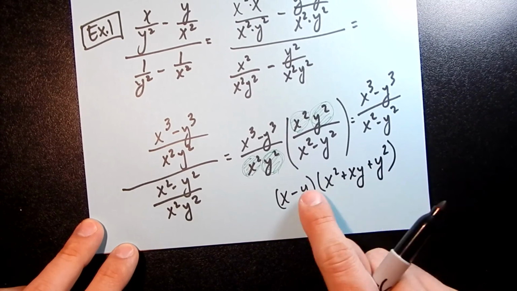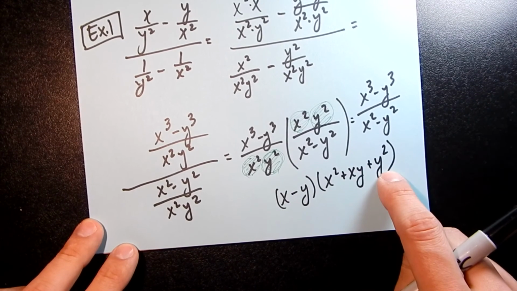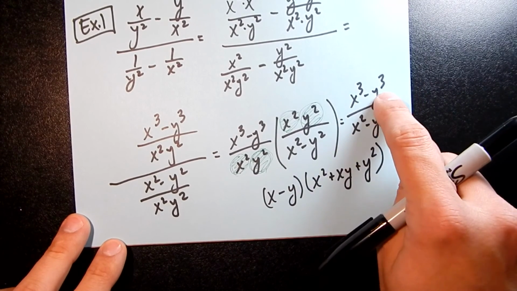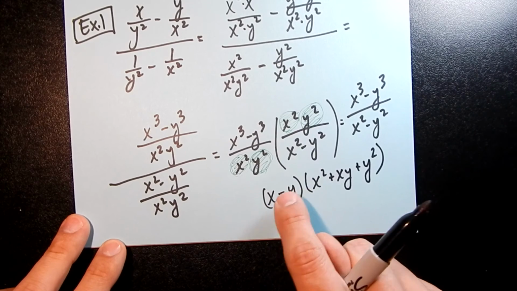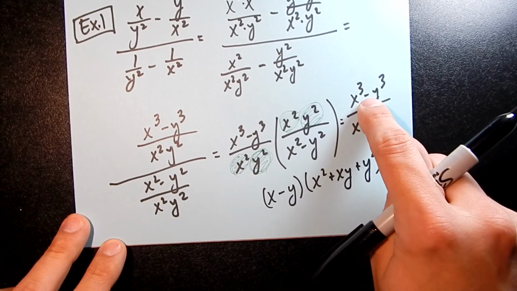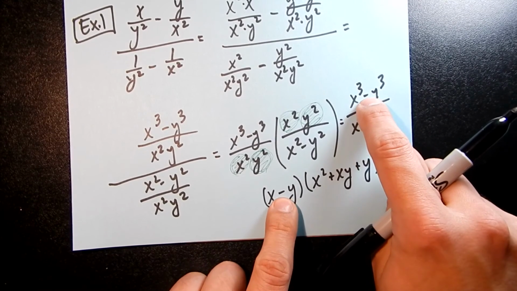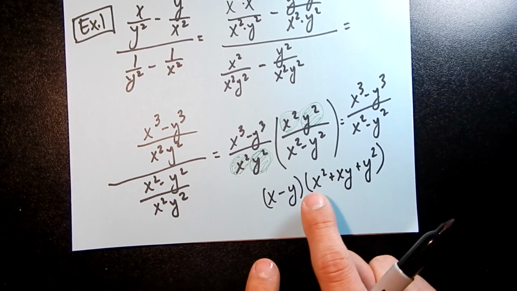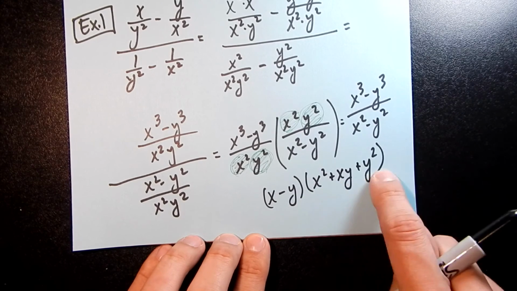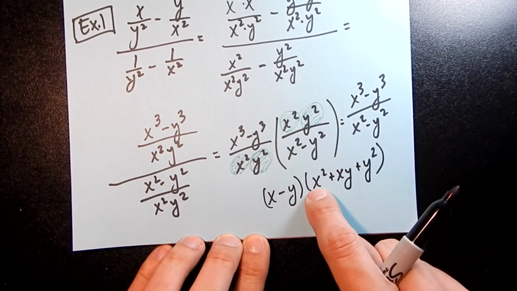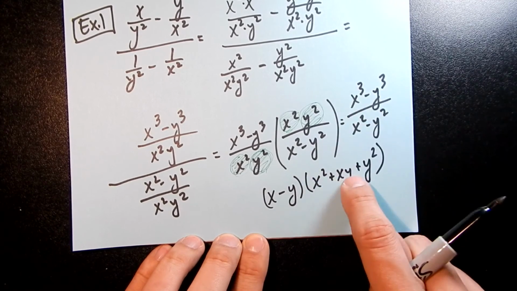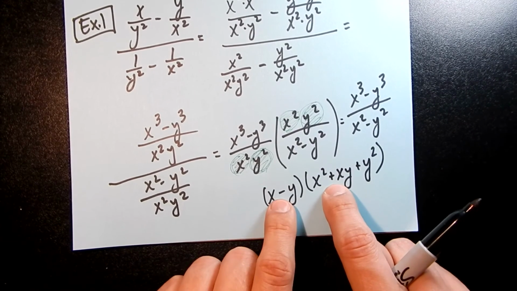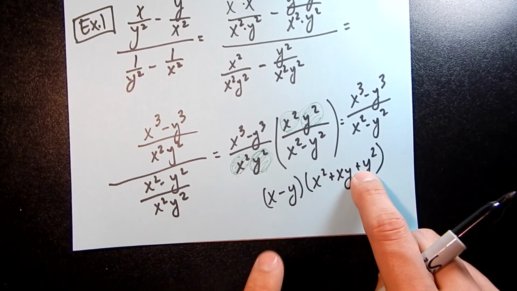The way that the difference of cubes factoring works is we have our first term and our second term. So this here is just the same sign here and here. And the next piece, so this factor here, I've got the first term squared, I have the product of these two terms, and then the last term squared. This sign is going to be the opposite of this one, and this one's always a plus.